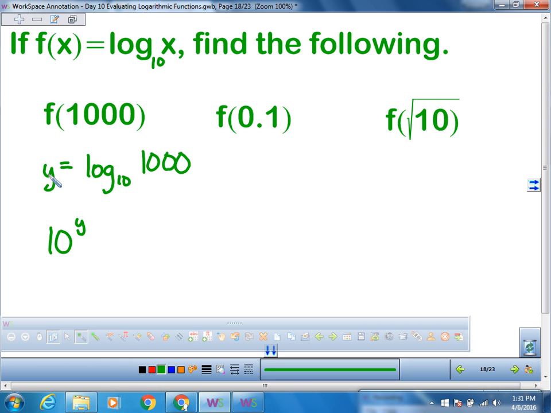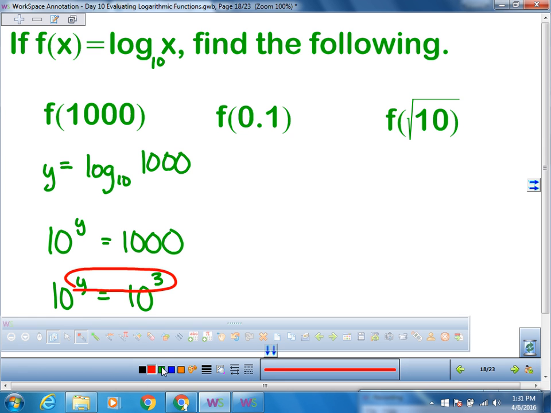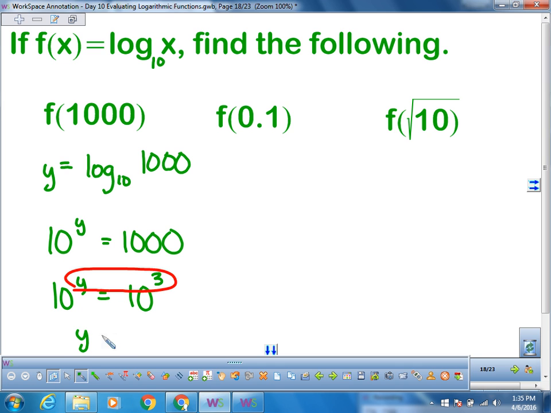Equals 1,000. I need the same base. How can I change this? 10 to the what would make 1,000? 10 to the 3. So I've got common bases, so I can compare it. Y equals 3. Pretty easy? Let's try this one.